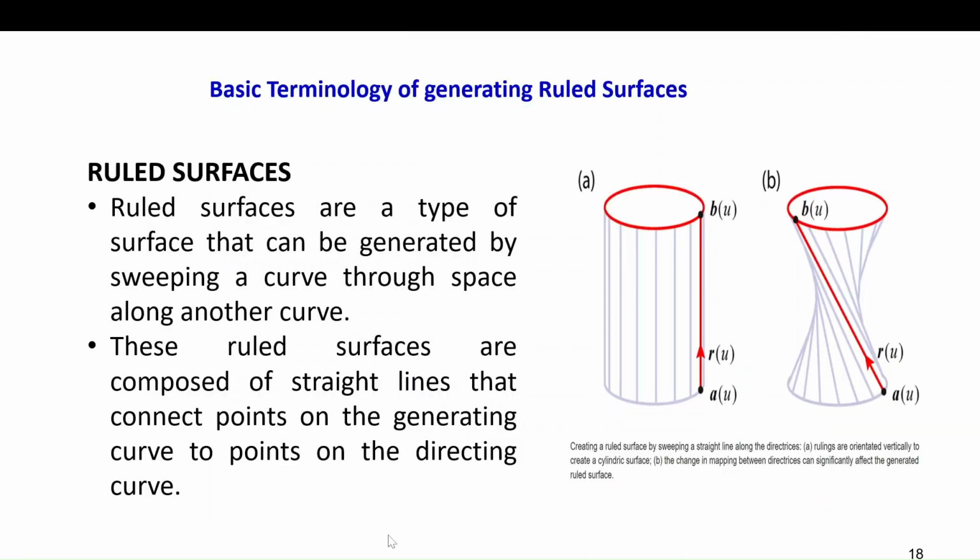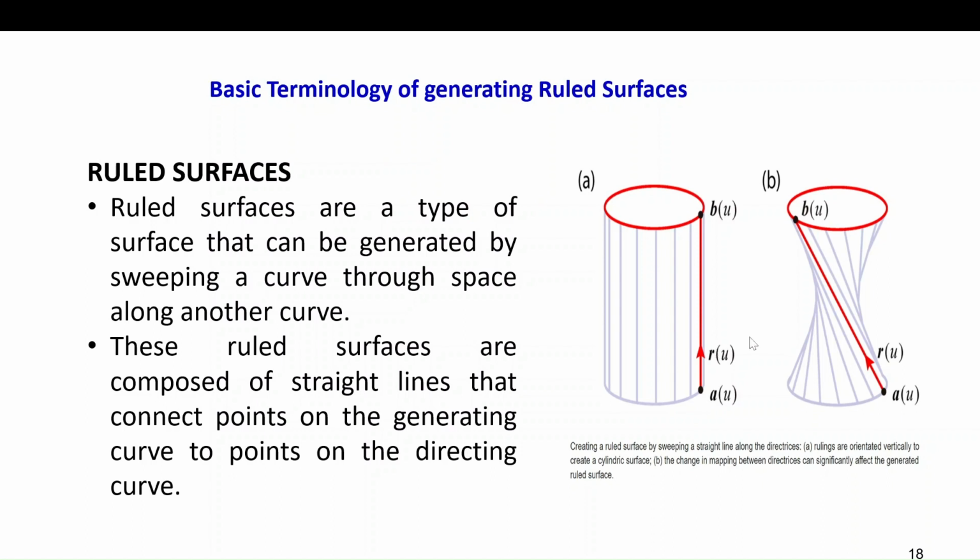So, coming to the terminology of ruled surfaces, as we have discussed earlier, if we sweep one curve along another curve, then a ruled surface can be generated. And here, in the figure on the right, a straight line is swept along a circle. So here, the straight line represents one curve and the circle represents another curve.